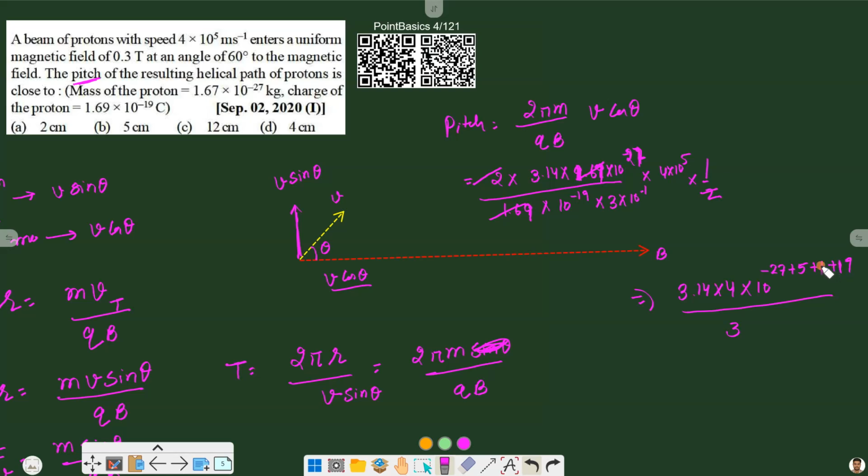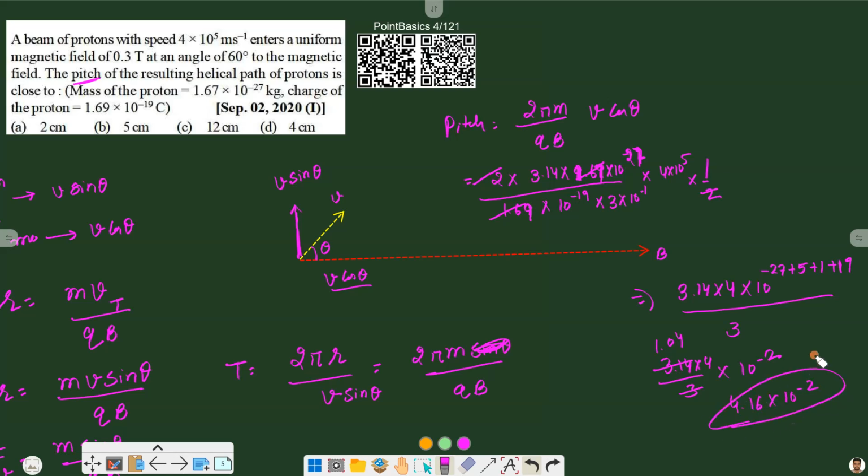So 19, 20, 25. So we will have 3.14 into 4 into 10 raised to power minus 2. From this, approximating, 1.04, and that will be 4.16 into 10 raised to power minus 2.